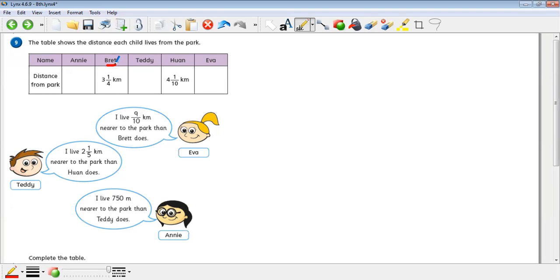He lives 3 1/4 away. She lives 9/10. So that's what our number sentence looks like. Lowest common multiple would be 20.